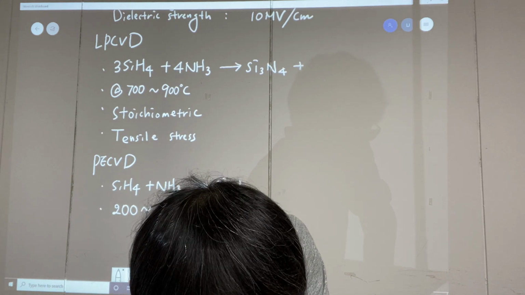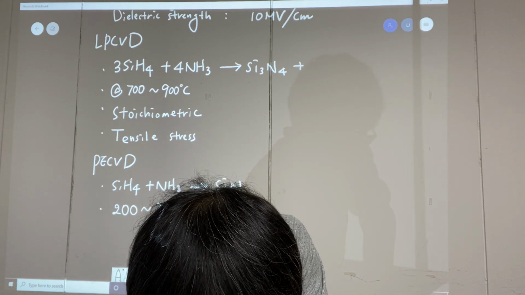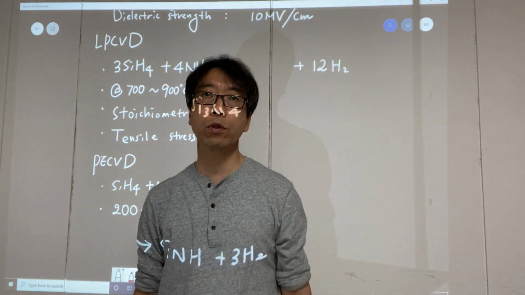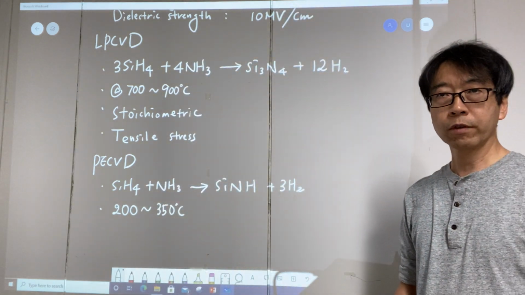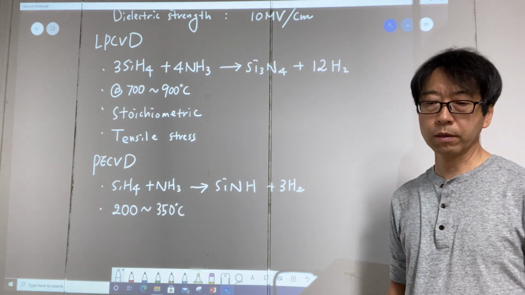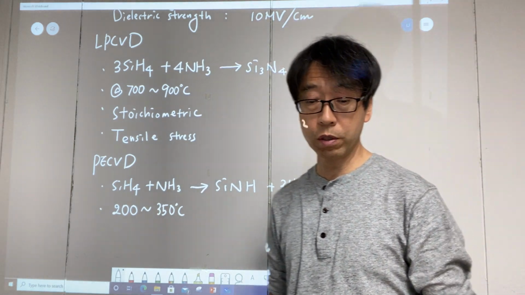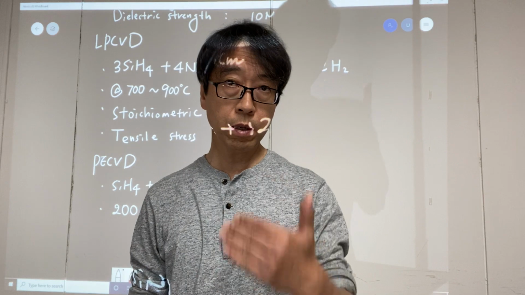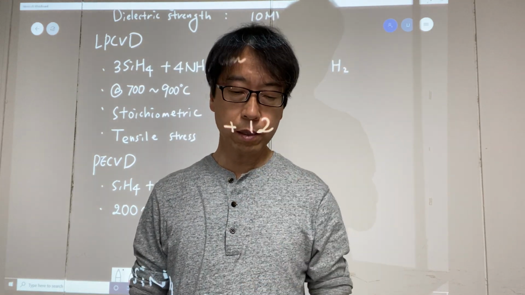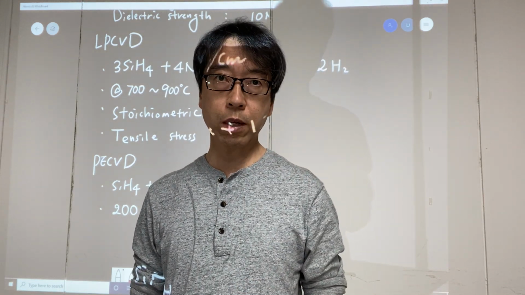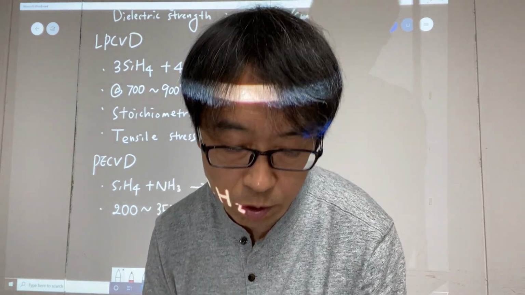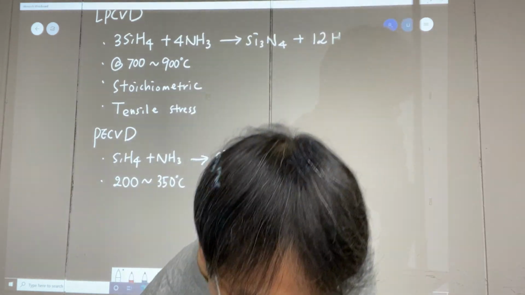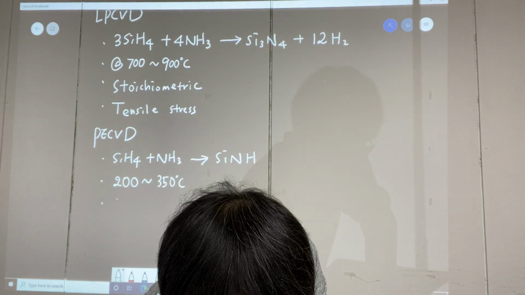Instead, the temperature is lower, so that you can prepare, for example, metal underneath, and then just run this PECVD to obtain non-stoichiometric silicon nitride coating on top of this metal. Sometimes you need such a combination. And this is less tensile.